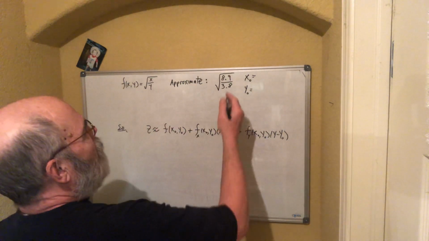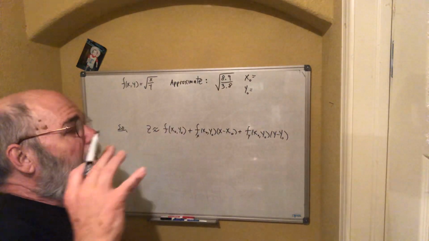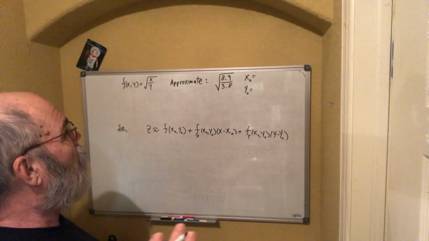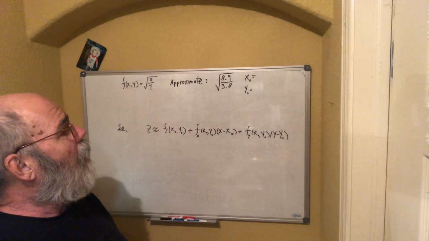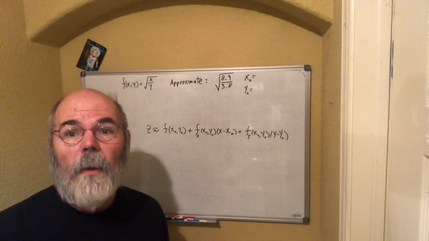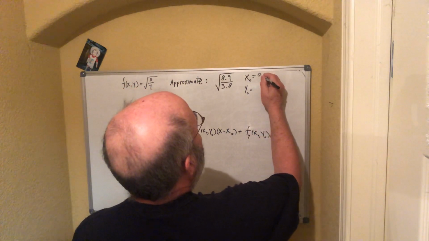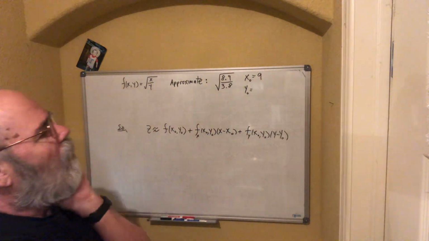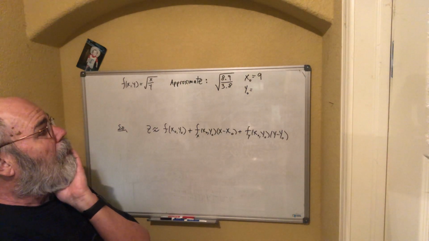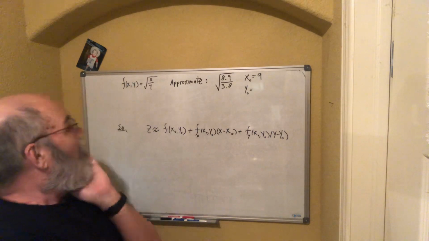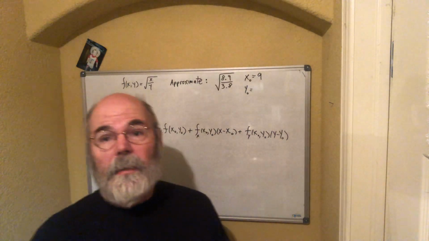But anyway, so x naught, I need a point near 8.9 where I know about square roots. That's a pretty obvious answer, isn't it? I'll just point out that the number 9 is very close to 8.9, and I know that the square root of 9 is 3.